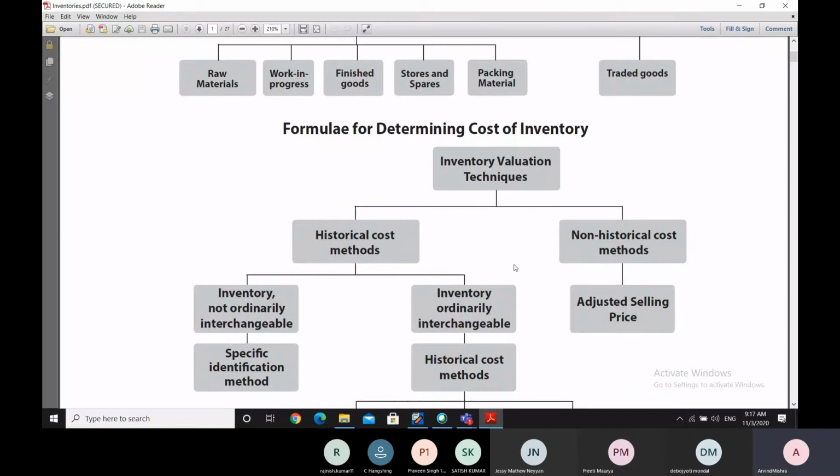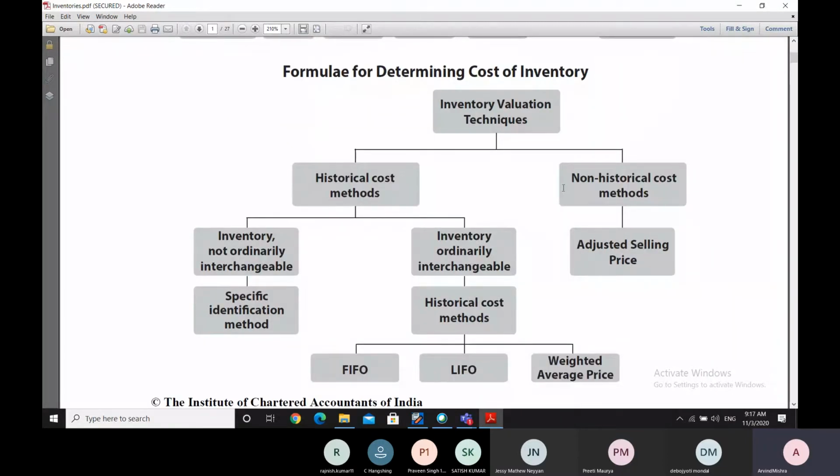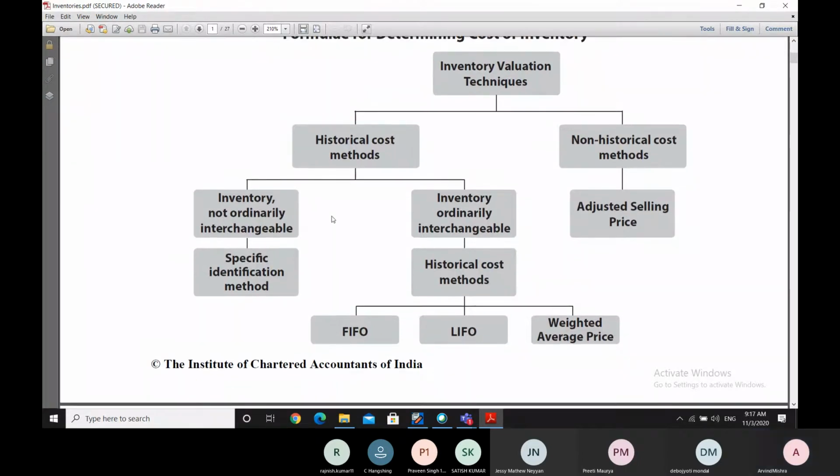As far as the inventory valuation techniques are concerned, they are broadly categorized into historical methods and non-historical methods. Among the non-historical methods, we have the adjusted selling price method, and among historical methods, we have two types of inventories, and for them the methods are different. One is the type of inventory which is not ordinarily interchangeable with each other, which is not uniform, and the other type of inventory which is ordinarily interchangeable with each other, that is, which is uniform.